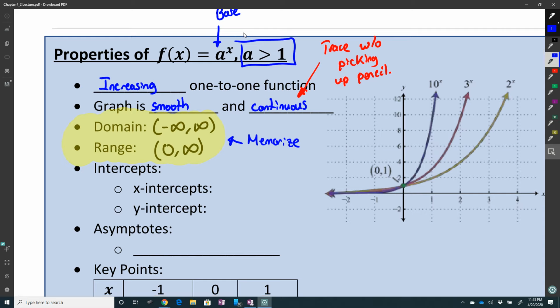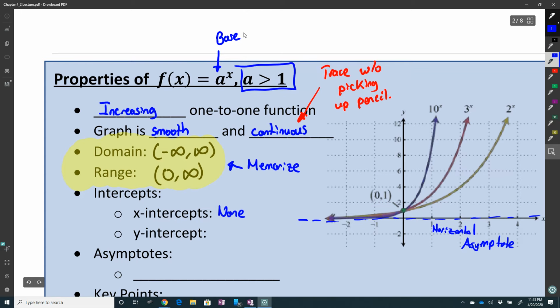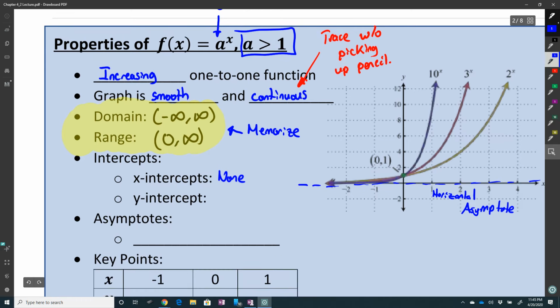Now, since it never touches the x-axis, meaning that this is a horizontal asymptote, my x-intercepts are none, because it never touches. And the y-intercept, in this picture it's 1, because there's nothing in front of it. So the y-intercept is, by default, 1.